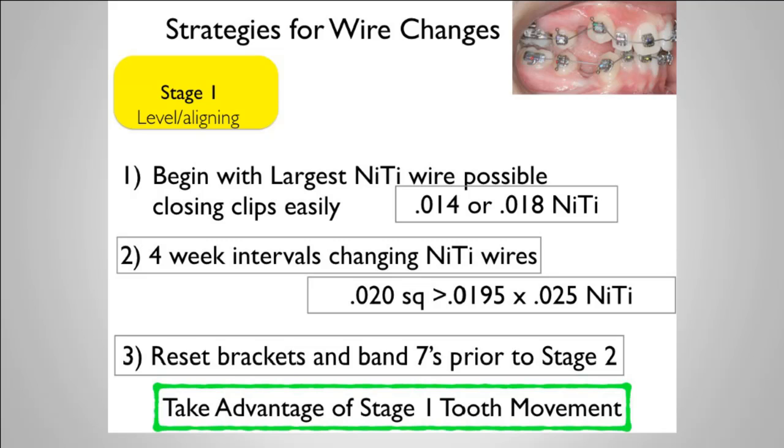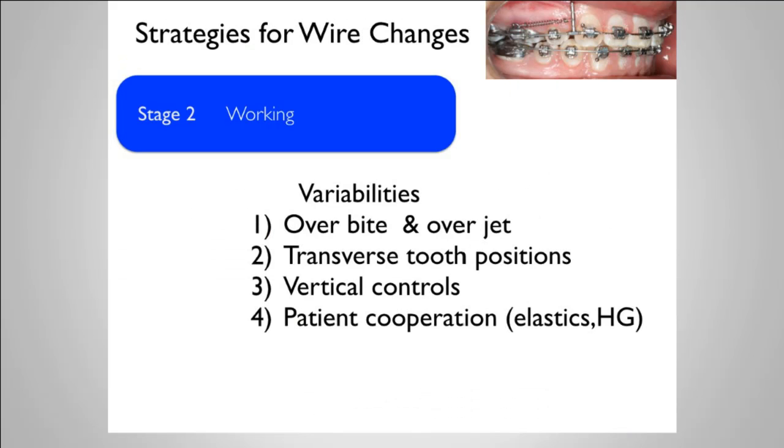Take advantage of stage 1's ability to move teeth very, very quickly. Do not let the patient go out 6 or 7 weeks. This is why statistical studies show that there's not much of a difference, because they're using old protocols. Keep in mind we're using advanced protocols to take advantage of stage 1 movement and mobility.